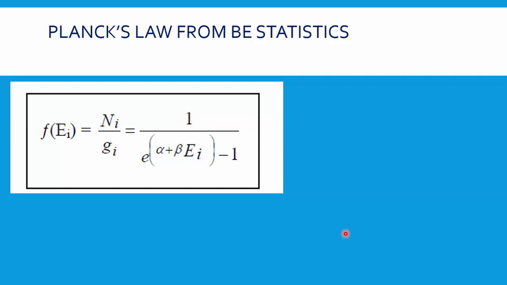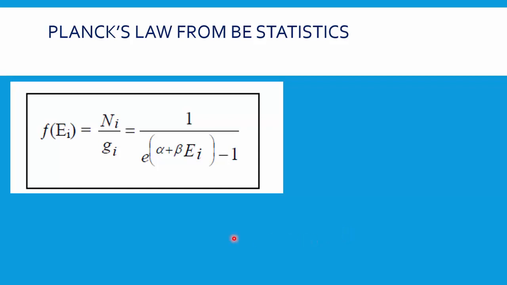Then why do we choose BE statistics to derive Planck's law? Because BE statistics deals with photons and black body radiation deals with light, and we all know from quantum physics, even Planck and Einstein proposed that light is particles which are photons, and for this reason we are going to use BE statistics to explain Planck's law.